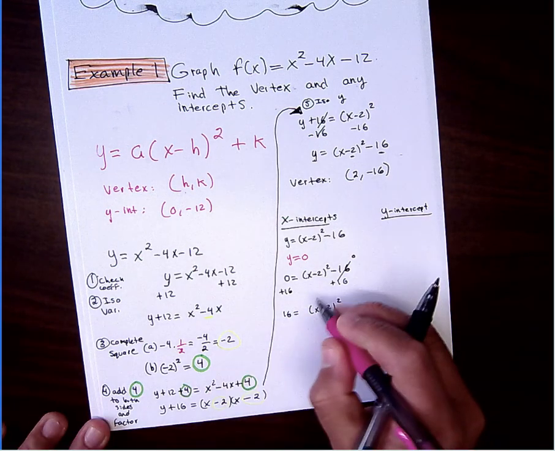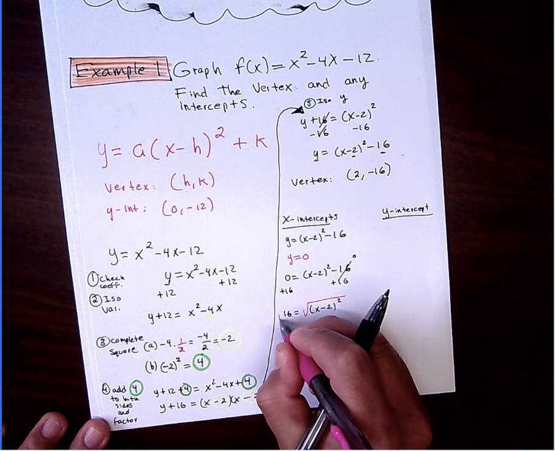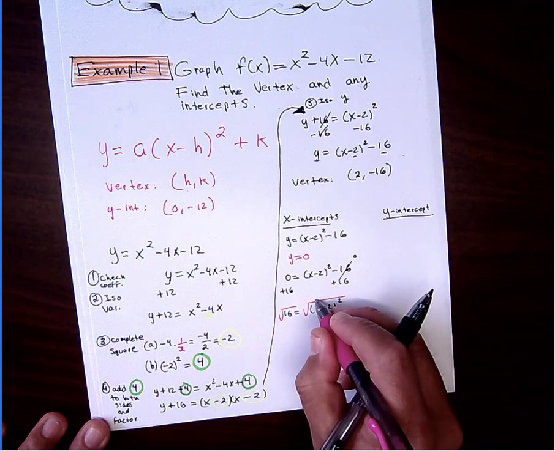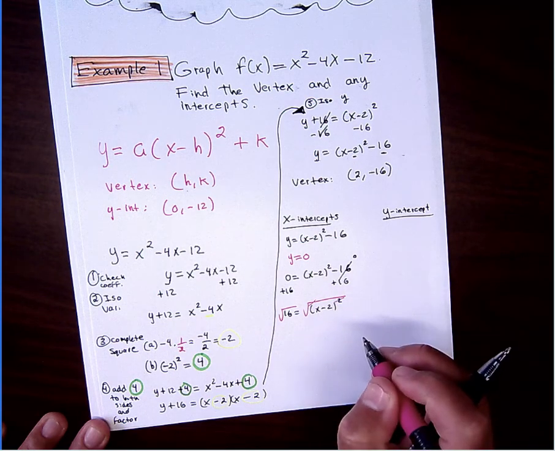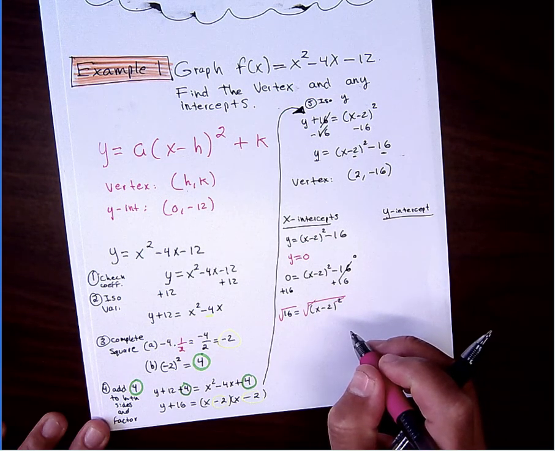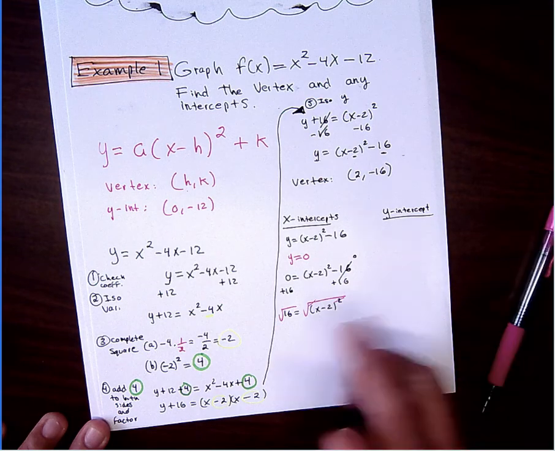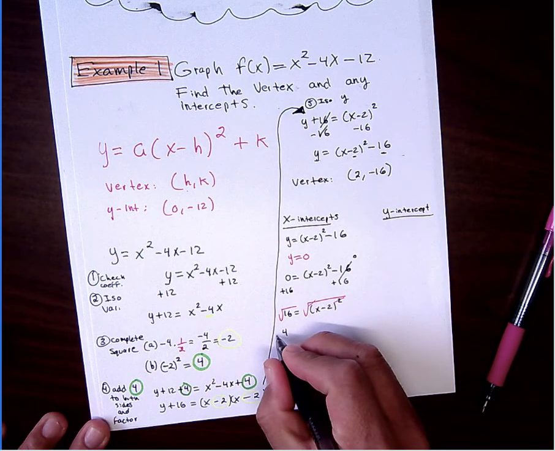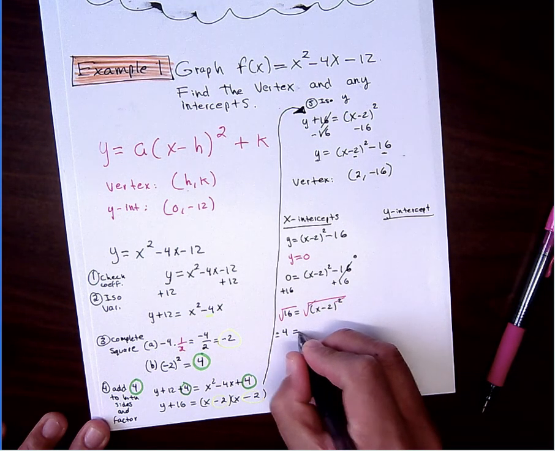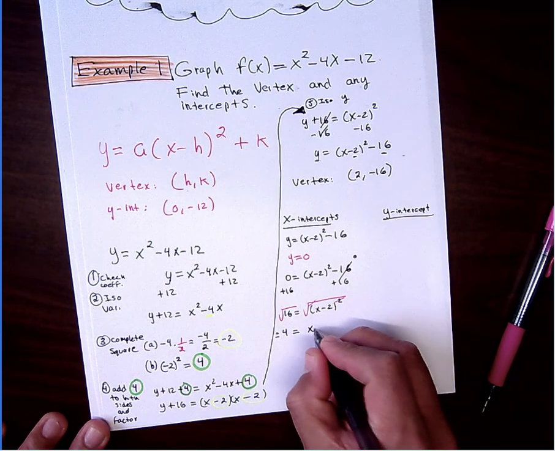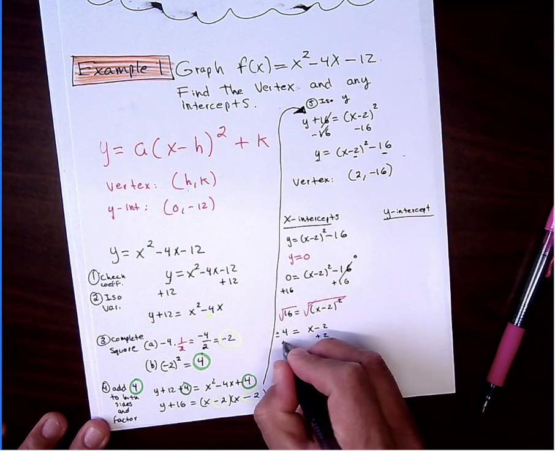So here you would have to take the square root. So plus or minus 4 is equal to x minus 2, so plus 2 on both sides.